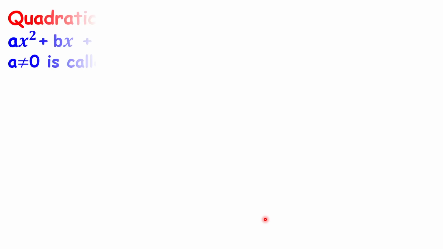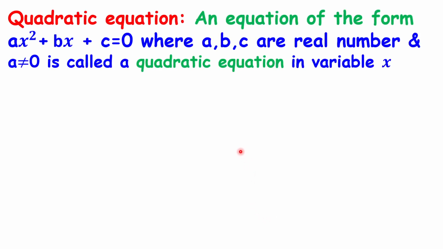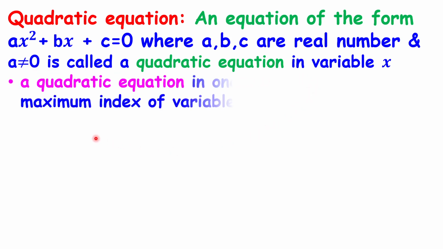Now, we see the definition of quadratic equation. An equation of the form ax square plus bx plus c equal to 0, where a, b, c are real numbers and here a is not equal to 0, that means the coefficient of the quadratic term, the square term, is not equal to 0, is called a quadratic equation in variable x.